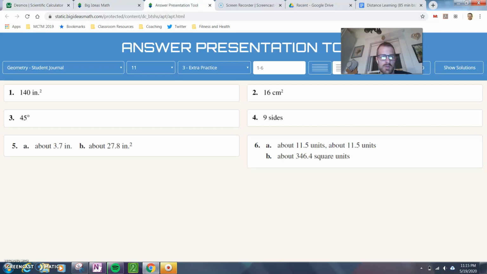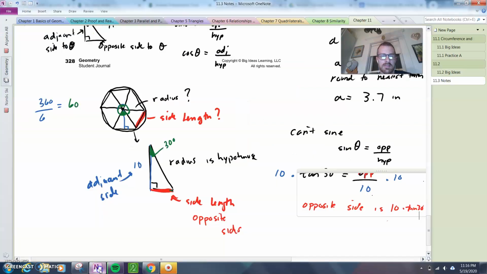So I'm going to go to my answer presentation. Okay. And so if I want that length of the side, I need to double that. Because remember, this is just half of what this is, and we're asked for that side length.